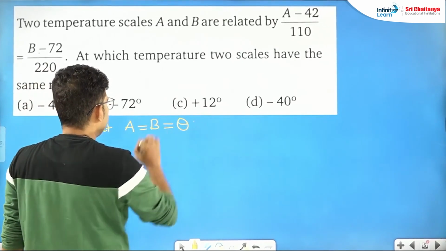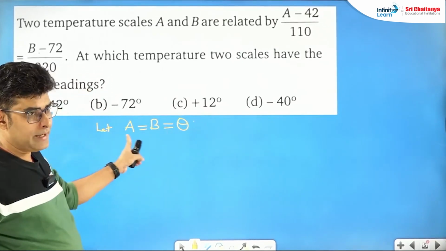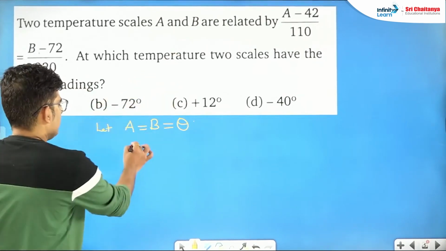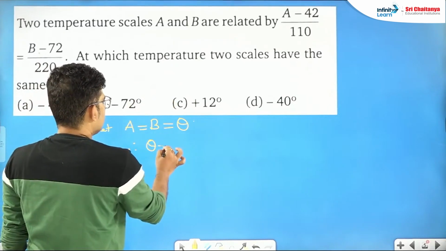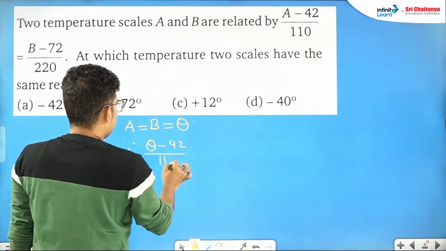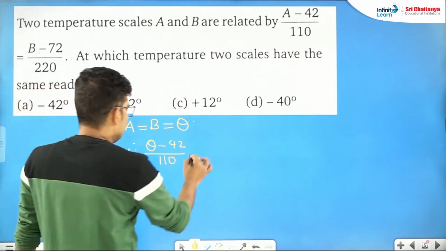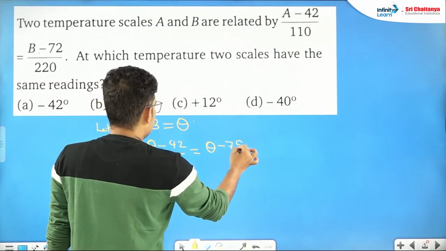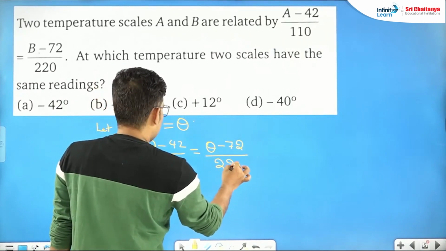Let's take it as theta. Now we have to find the value of theta where they give the same. So just put theta minus 42 divided by 110, similarly here we have B also is theta minus 72 divided by 220.